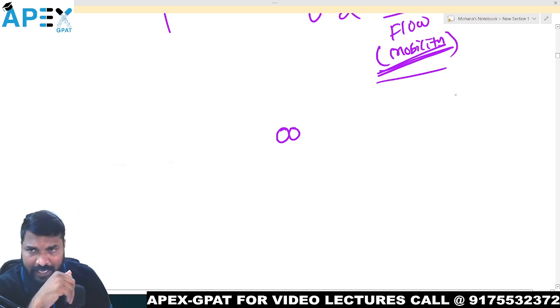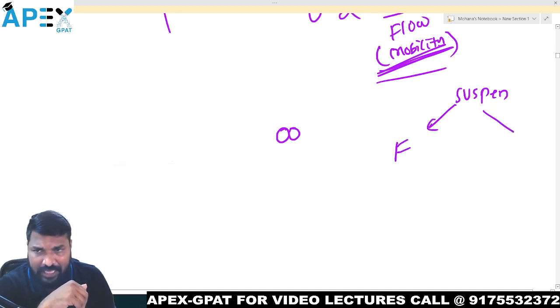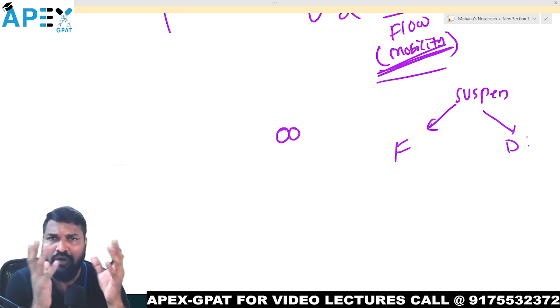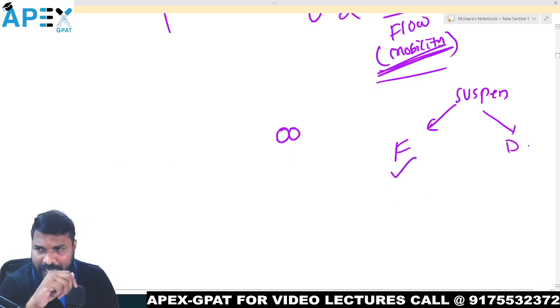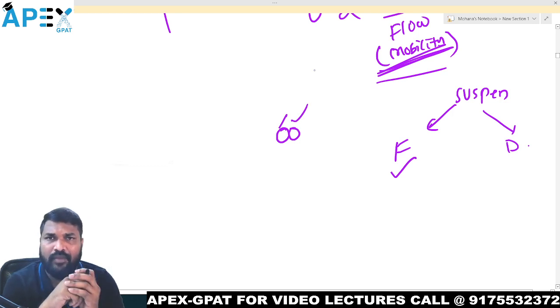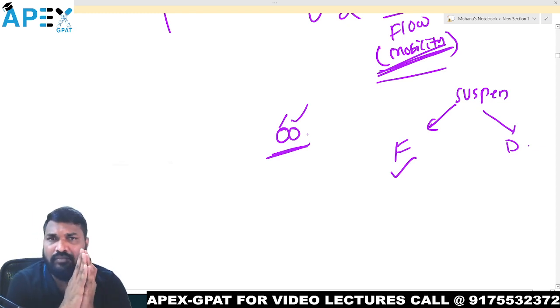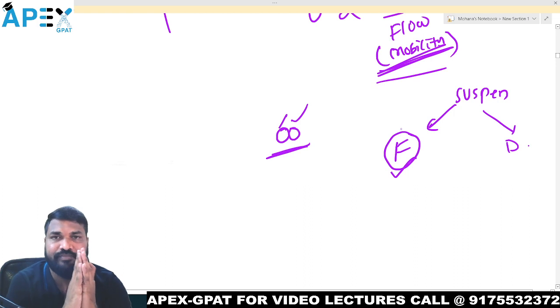In the suspension we have two types: flocculated suspension and deflocculated suspension. Can you tell me where flocculation is occurring? Yes, in the flocculated suspension, there is an interaction between one particle and another.